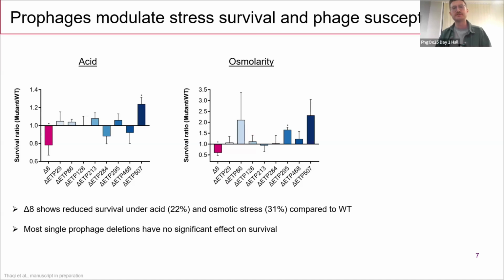So next, we looked into acidic stress tolerance, osmotic stress tolerance, and phage susceptibility. And there we found a contrary trend where the deletion of prophages led to a reduced survival after acidic and osmotic stress exposure. However, for single prophage deletion mutants, we often had only mild effects or sometimes even contrary effects compared to the delta 8 strain.